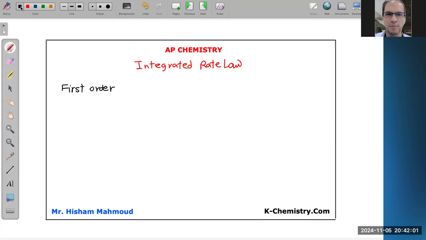So we said rate equals the negative change in concentration of A divided by change in time, equal to K multiplied by the concentration of A to the power of 1.